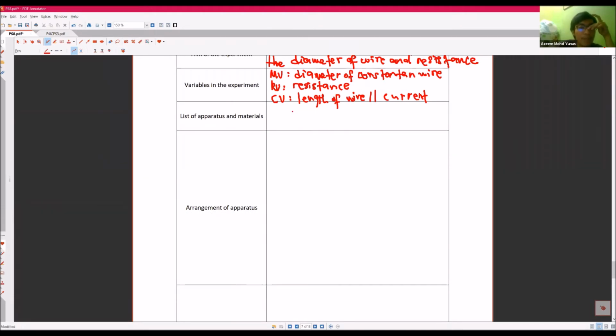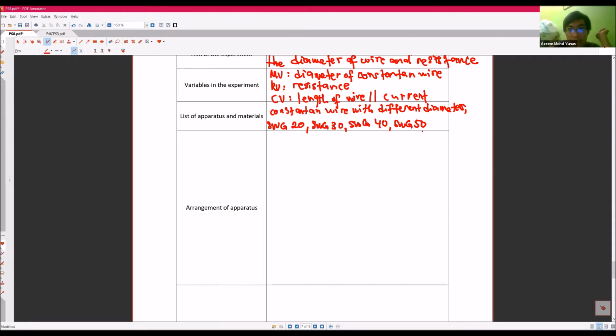So let's list the apparatus. First, we have to list the two apparatus given, which is constantan wire with different diameters. So it's better that you list all the diameters in terms of SWG. So SWG 20, SWG 30, SWG 40, SWG 50.